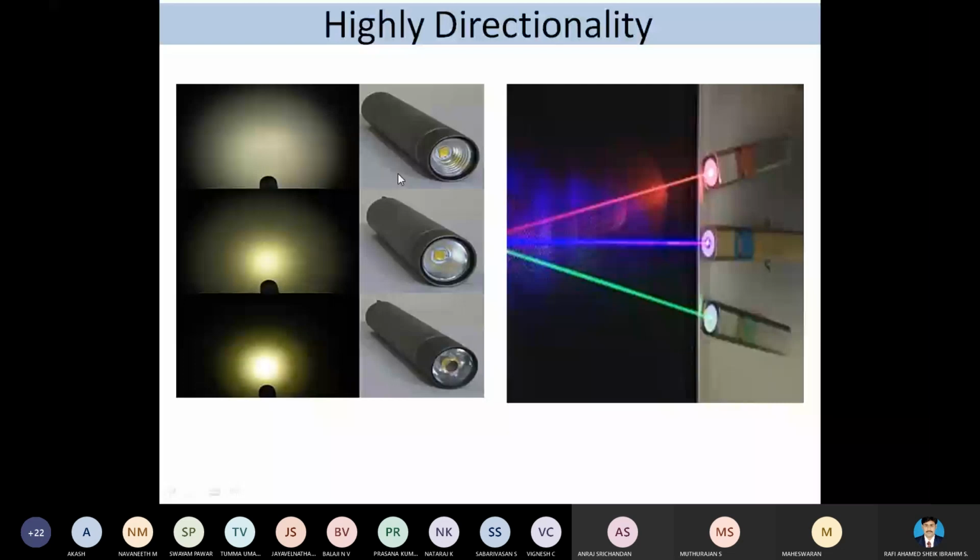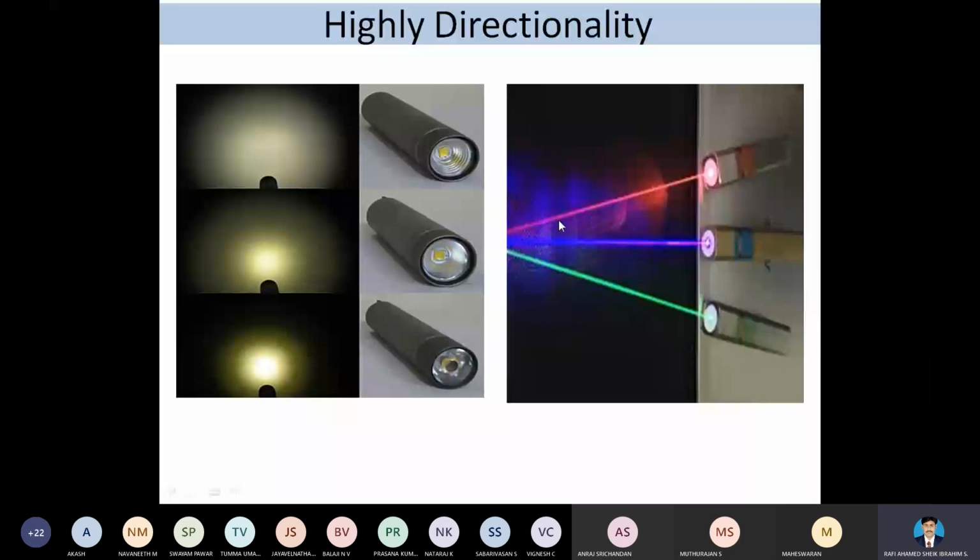Here we say that the angular spread is very large for the ordinary light. Here in the laser, the angular spread is not more. It's even throughout the area, throughout the targeted line.